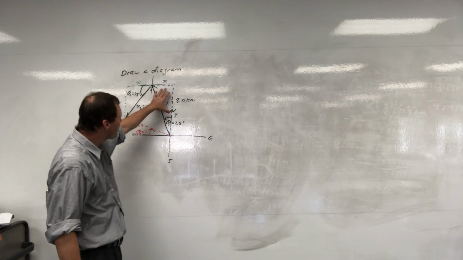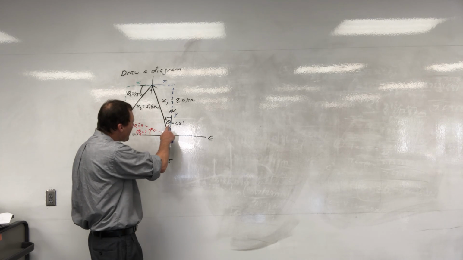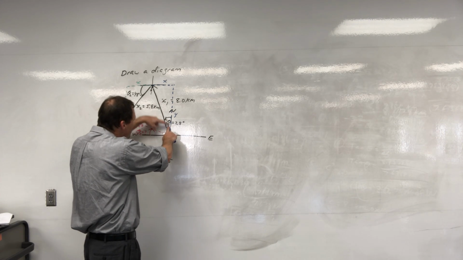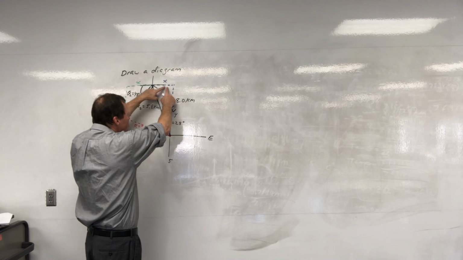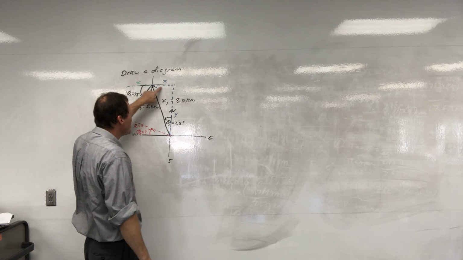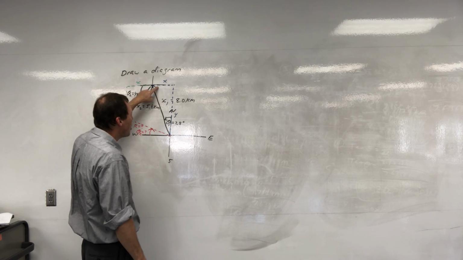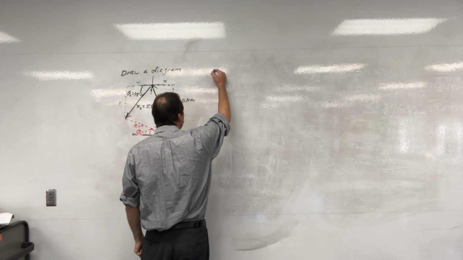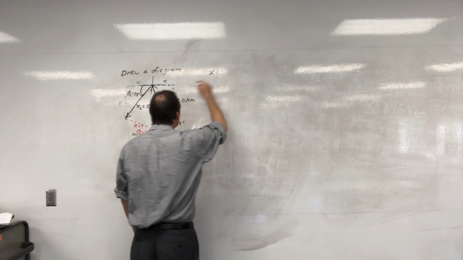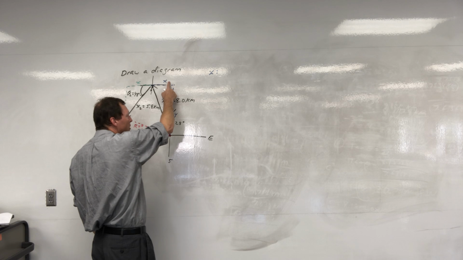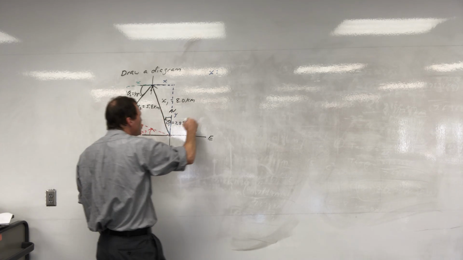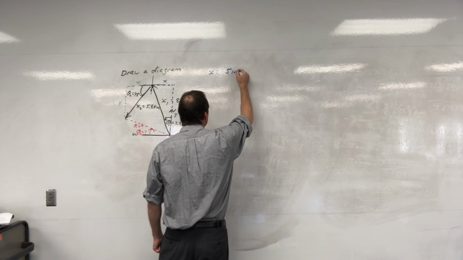Let's start with the first vector. This is my angle. This is going to be the opposite side, which is the horizontal side here. So I'm going to put in x, because I'm looking for that horizontal side. I'm going to use the trig function sine to do that.